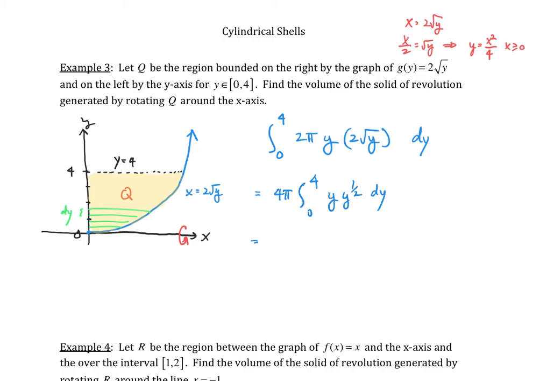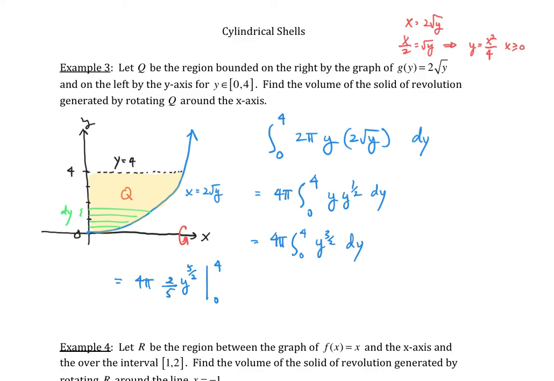We can simplify that. That is going to be 4 pi integral from 0 to 4 of y to the 3/2 dy. Now I evaluate the antiderivative. I'm going to get 4 pi times y to the 5/2 times 2/5. And this is going to go from 0 to 4.